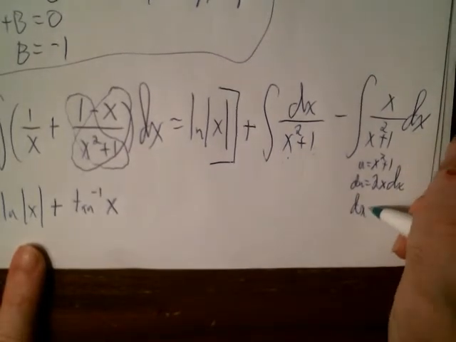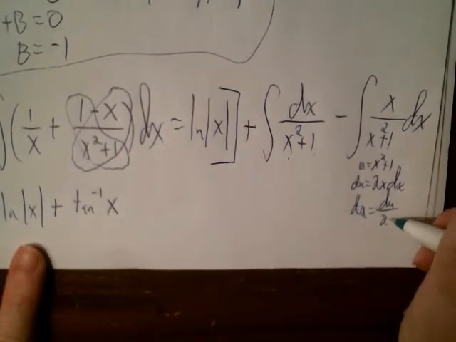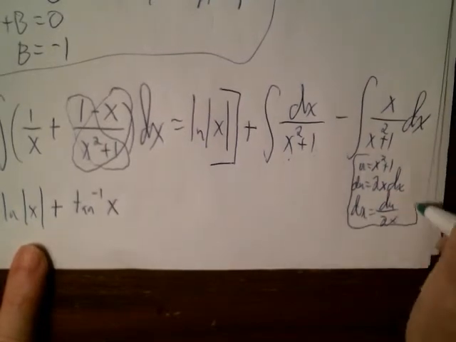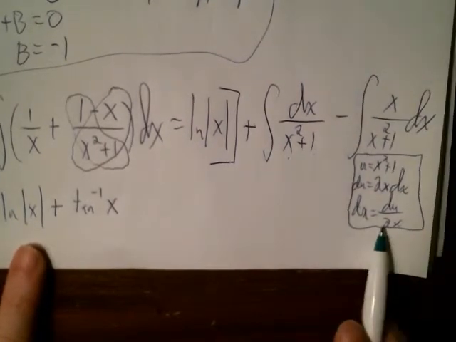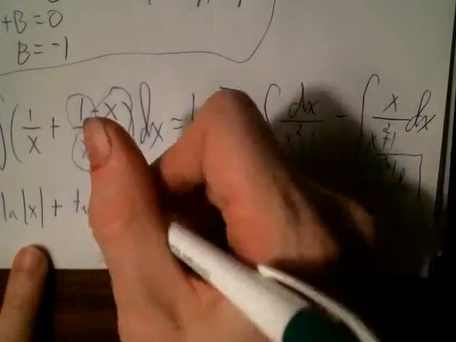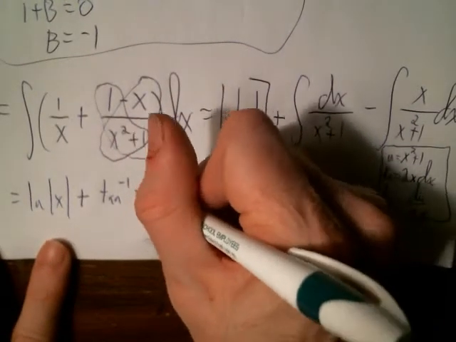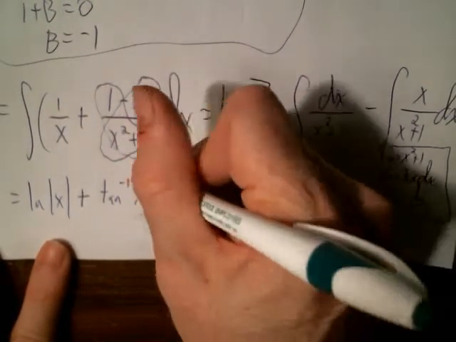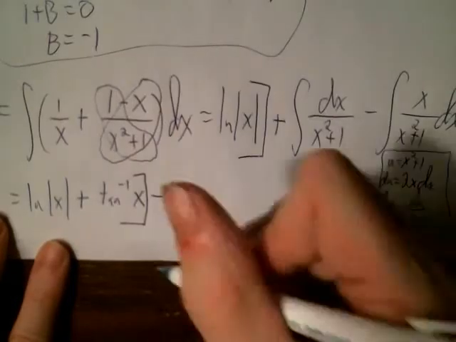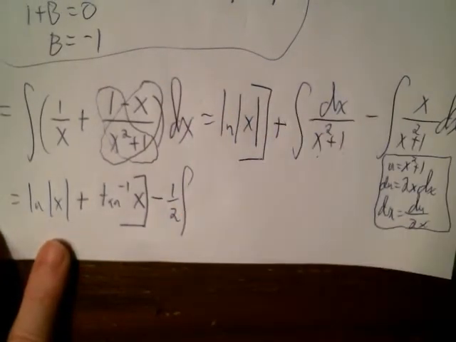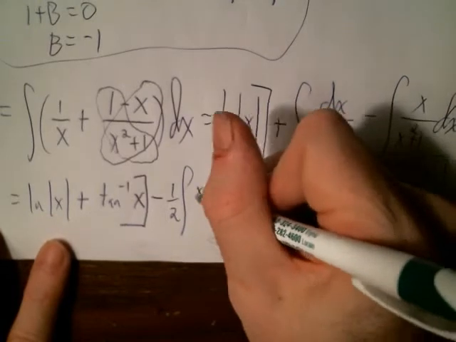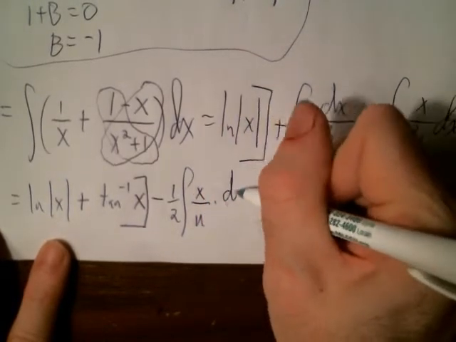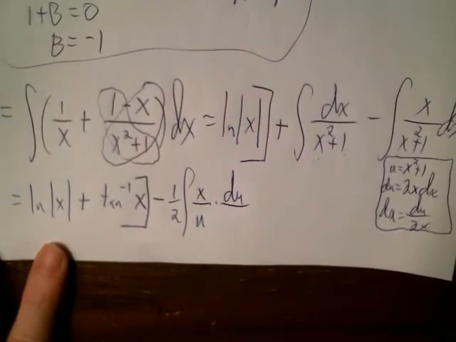So dx is du all over 2x. So it's going to result in a constant of 1/2 being pulled out. And so we have minus 1/2, and I have to remind myself to evaluate this, minus 1/2 times x all over u times du all over x.